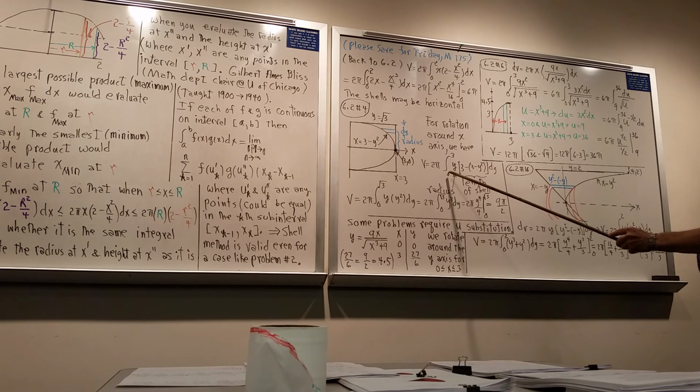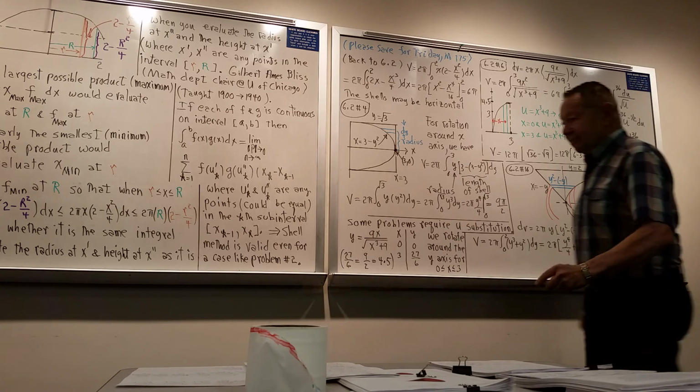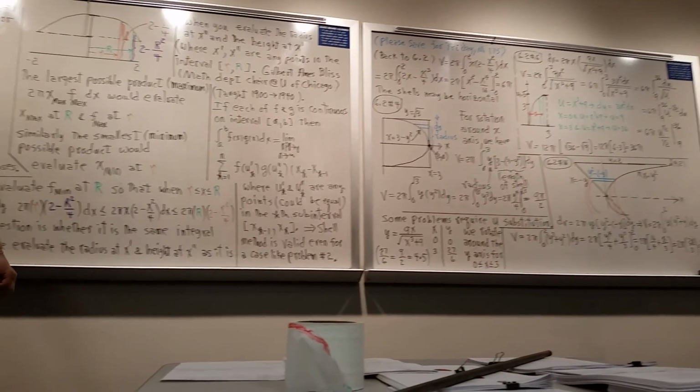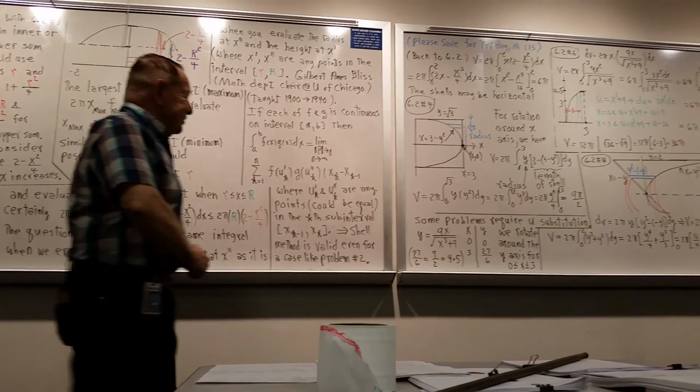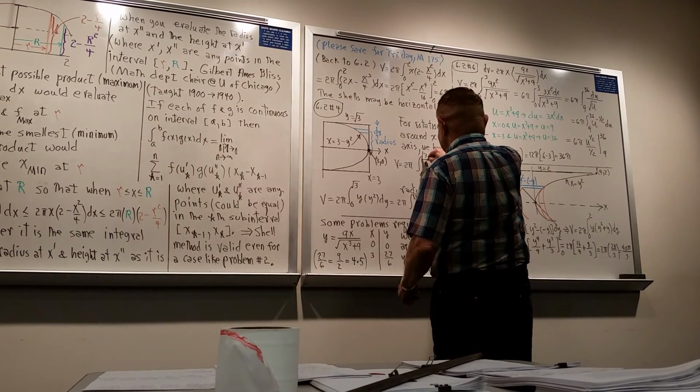And y would go from 0 to square root 3, second mistake of the morning that I caught. We don't know how many I didn't catch.